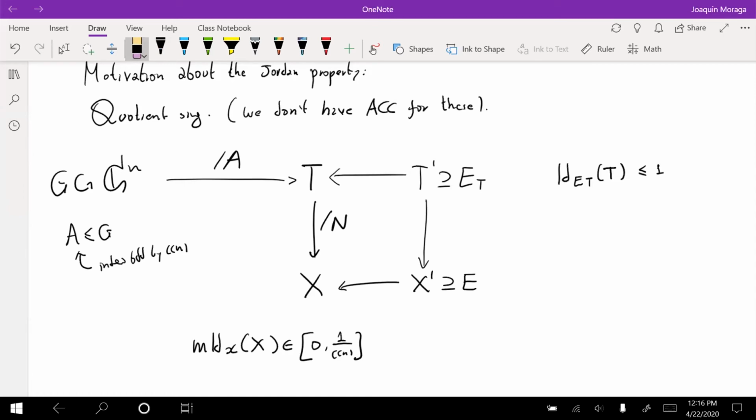Okay, so let me actually write it open here. So let's say that it's less than 1. Okay, but this means that E_T is extracted by a toric morphism.